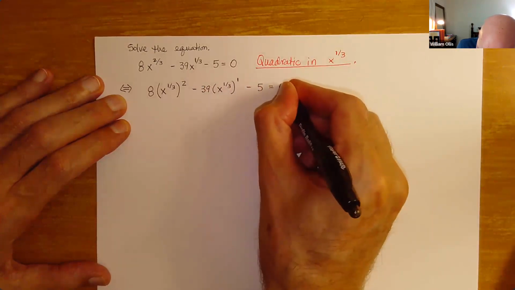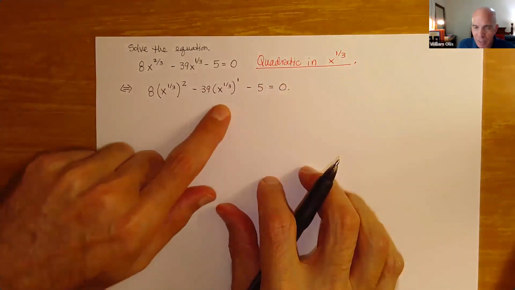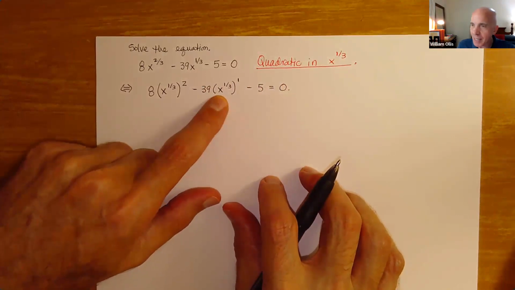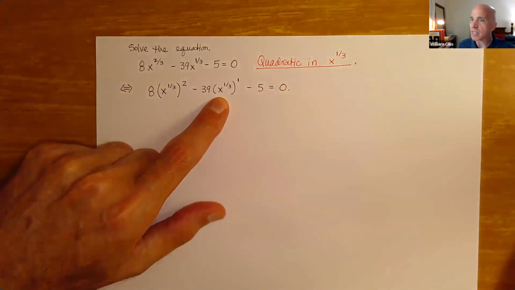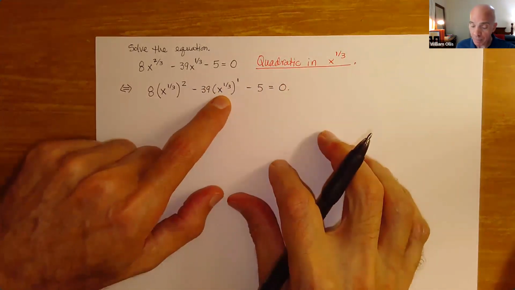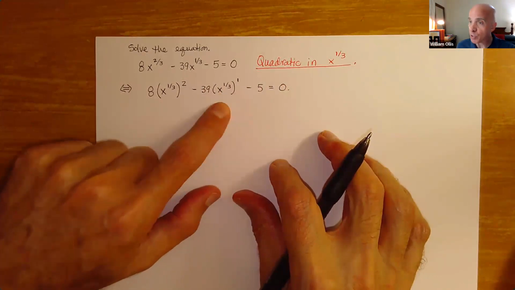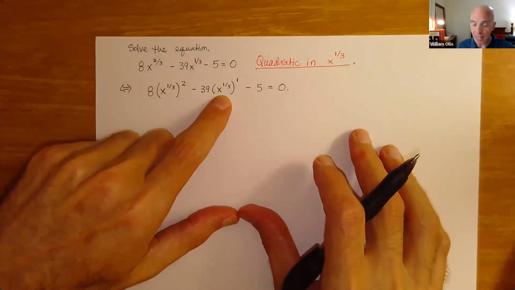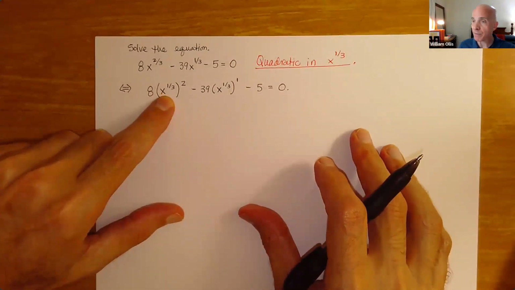So this is just a little extra, since you've got the 1/3 power as being the unsquared term, so to speak. This is the first degree term when we think of just the plain old x coefficient, but in place of x, we have x to the 1/3, and then we bump up to the square of that.